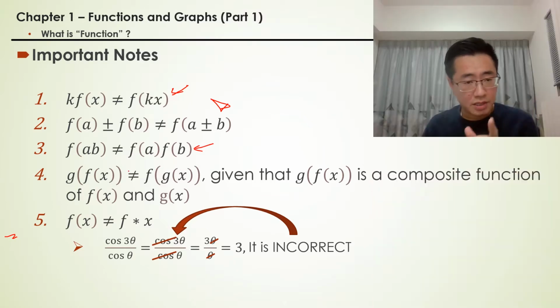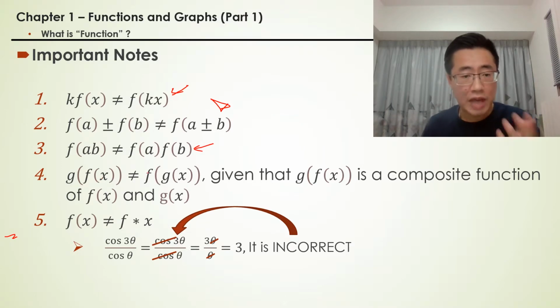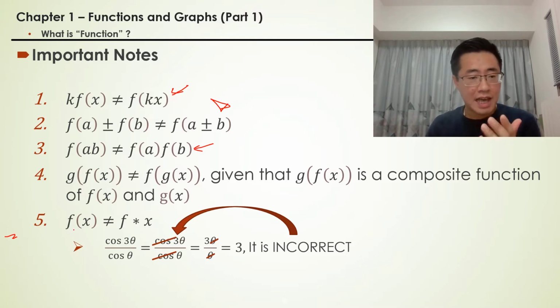The next part is about the composite function. It is called a composite function because it is a function within a function. Similarly, g(f(x)) is not equal to f(g(x)). So bear in mind this important point. Lastly is about this part. f(x) is not saying f multiplied by x.